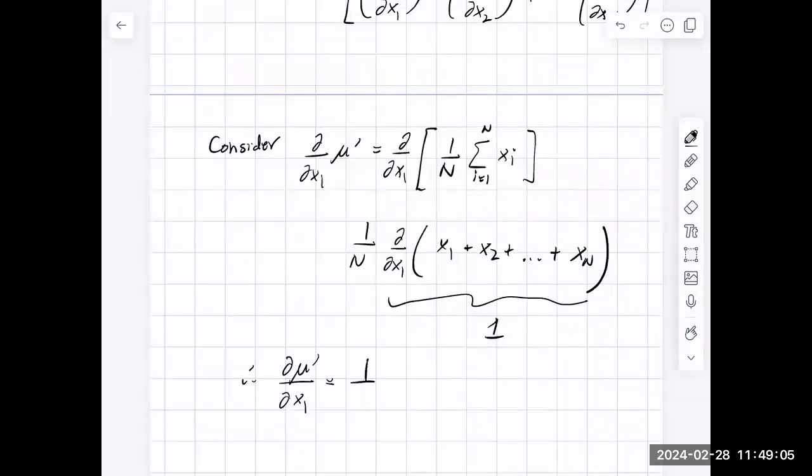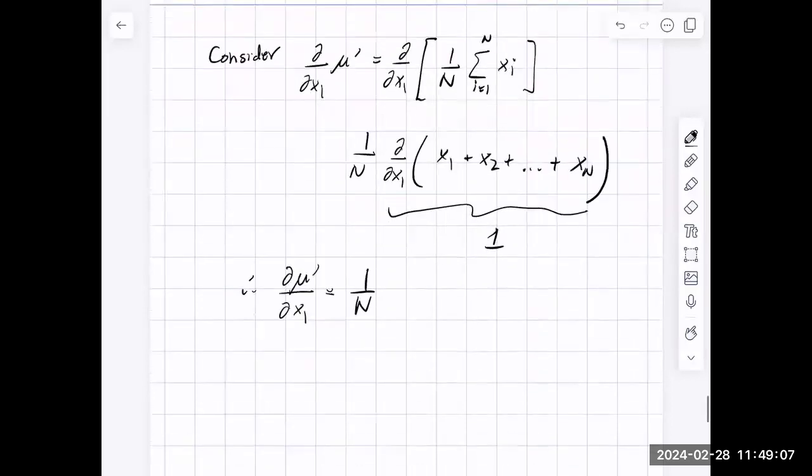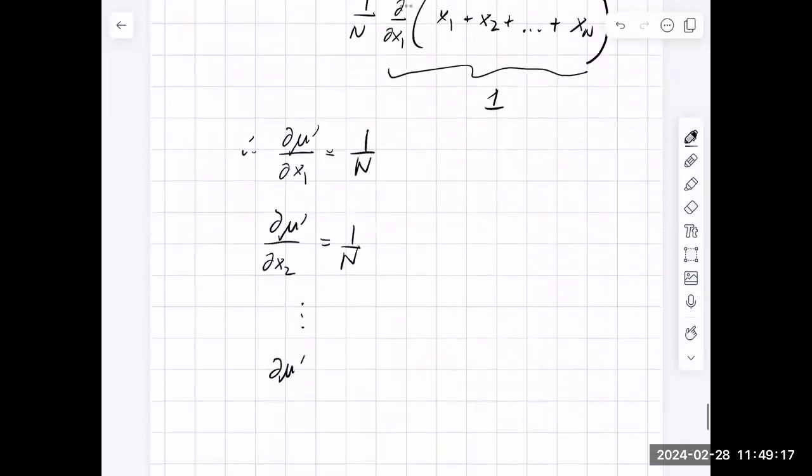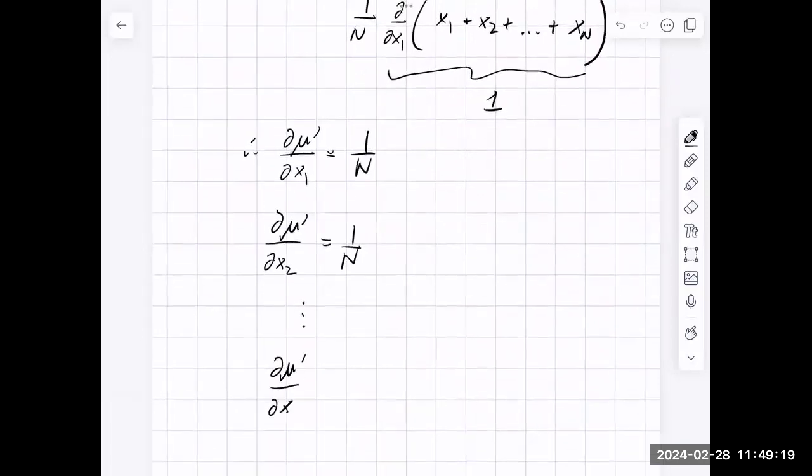And so it's just going to be 1 over n. And if we did the same argument for any other of the derivatives, we would get the exact same result.